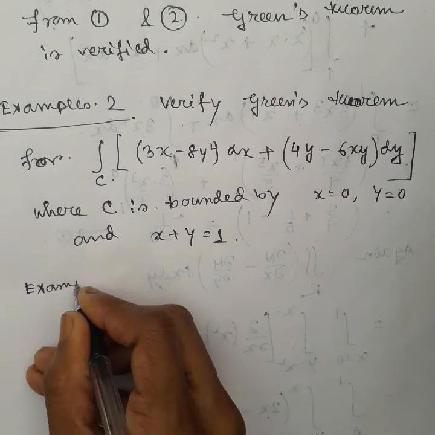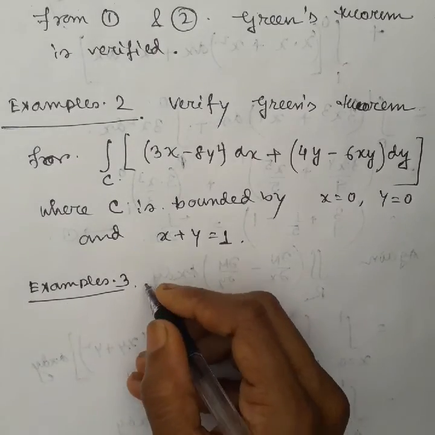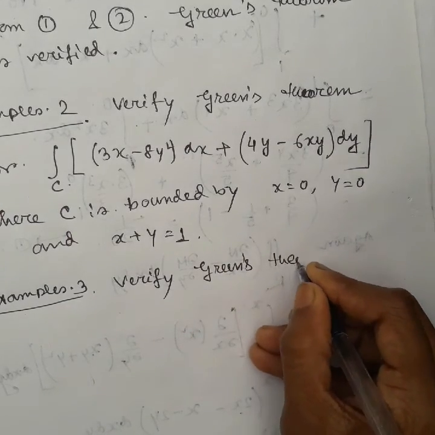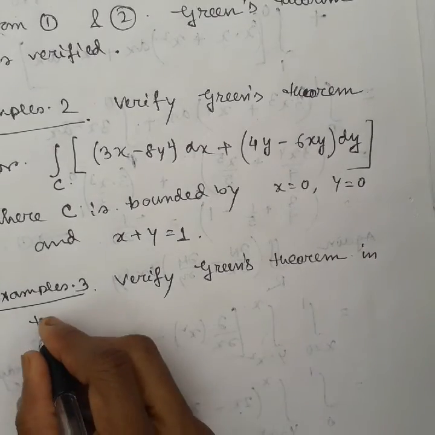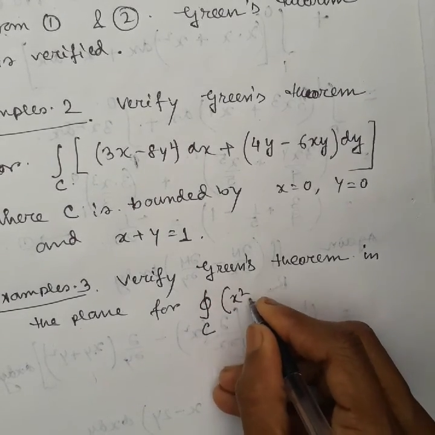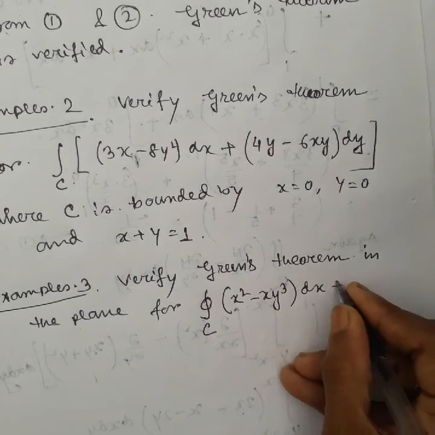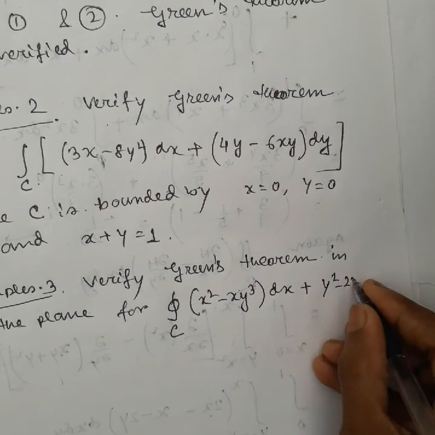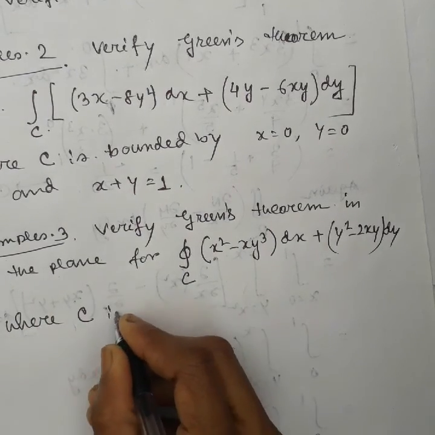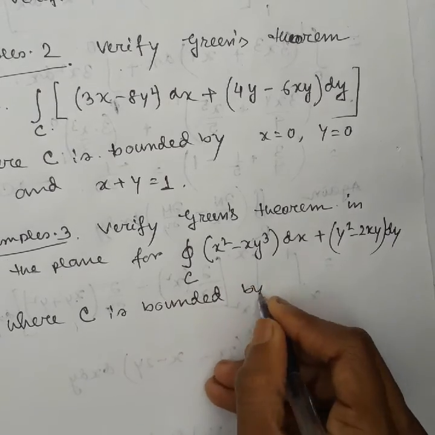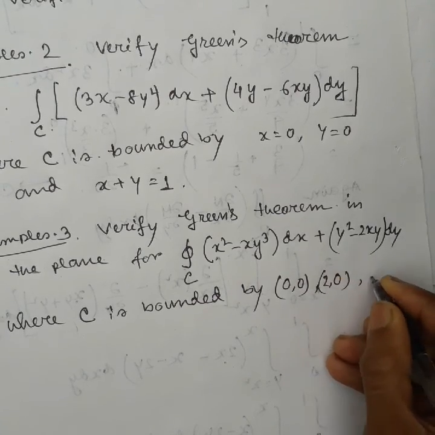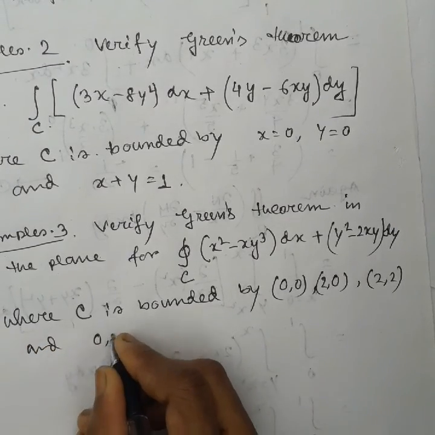I give you another example also. Verify Green's theorem in the plane for the integration over the contour C of x square minus xy cube dx plus y square minus 2xy dy, where C is bounded by (0, 0), (2, 0), (2, 2) and (0, 2).